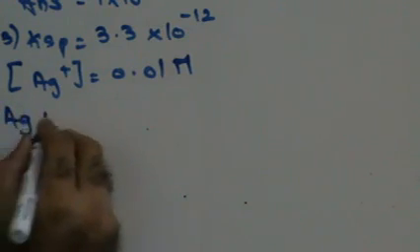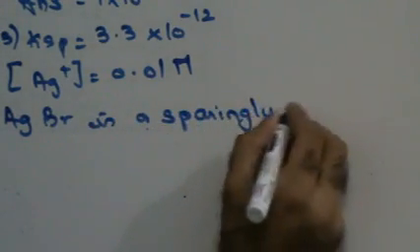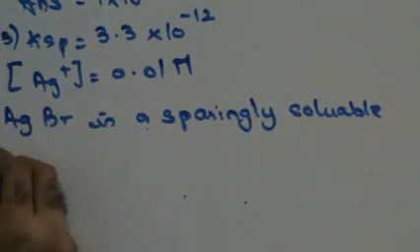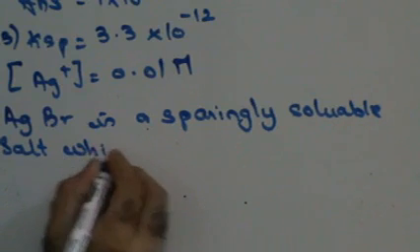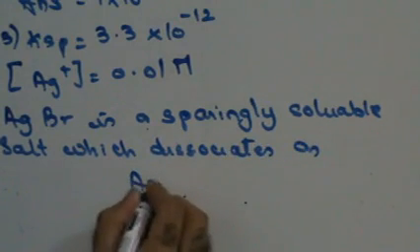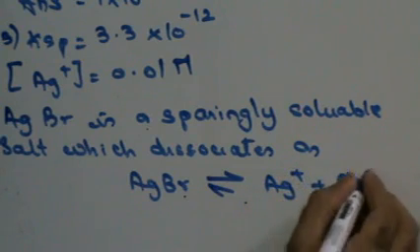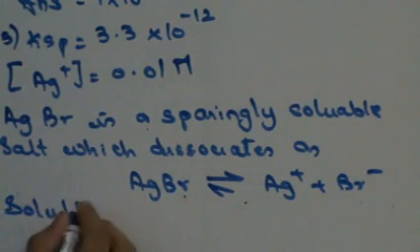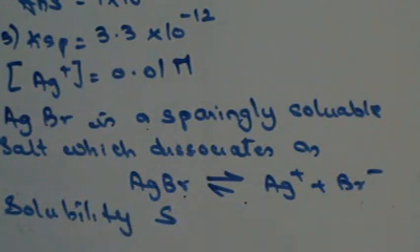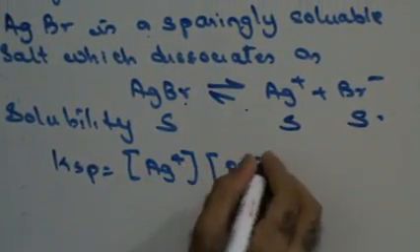Now, I can say that silver bromide is a sparingly soluble salt which dissociates as silver bromide dissociates to give you Ag plus and Br minus. If the solubility of silver bromide is S, then solubility of silver will be S and bromide will also be S. Now, solubility product is active mass of silver into active mass of bromide.